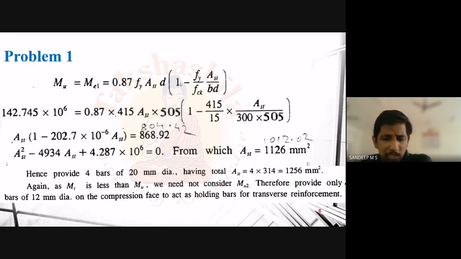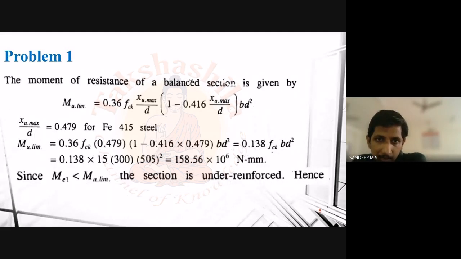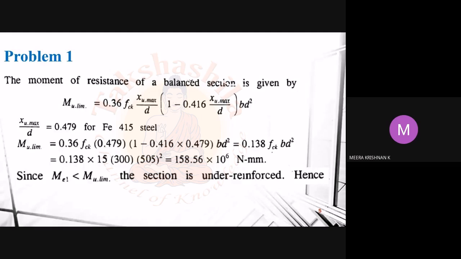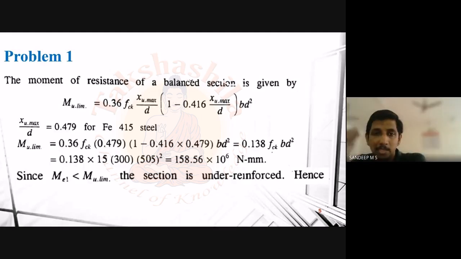Why have I used this equation corresponding to an under reinforced section? What can be the reason for this? Note here, our ME is less than MU limit. Exactly correct. The maximum capacity of our section will be that of a balanced section, up to that point we can provide.